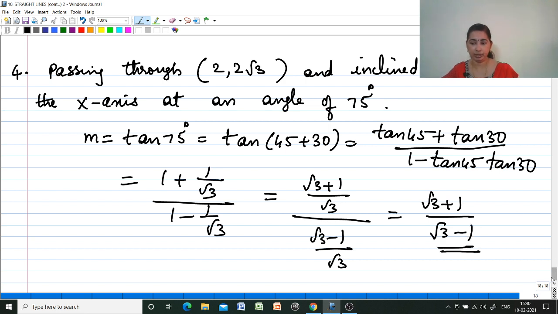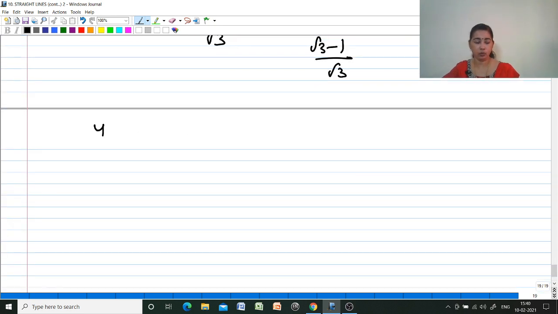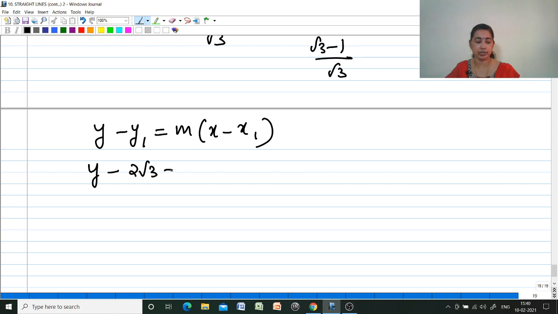Now we have to find the equation. So the equation is y minus y1 is equal to m into x minus x1, and y minus y1 is y minus 2 root 3, is equal to the slope root 3 plus 1 by root 3 minus 1 into x minus x1, where x1 is 2. We can cross multiply this.